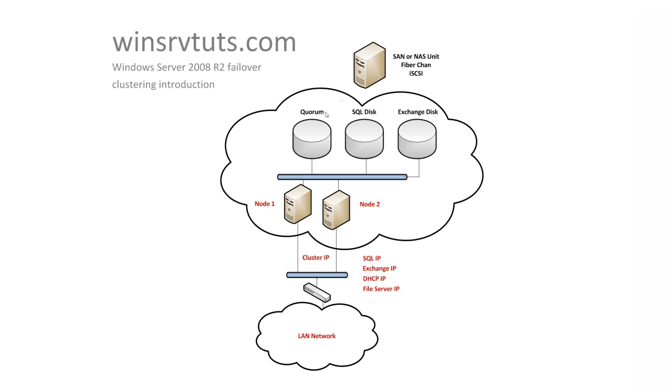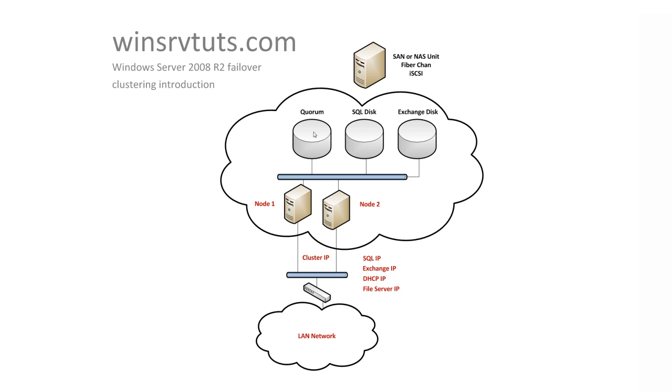The NAS unit will have these different disks. You can think of them as partitions per se. These partitions will be assigned a LUN. Just like if you had a 1 terabyte hard drive on a physical disk, and you said, well, I want different partitions on this 1 terabyte hard drive.